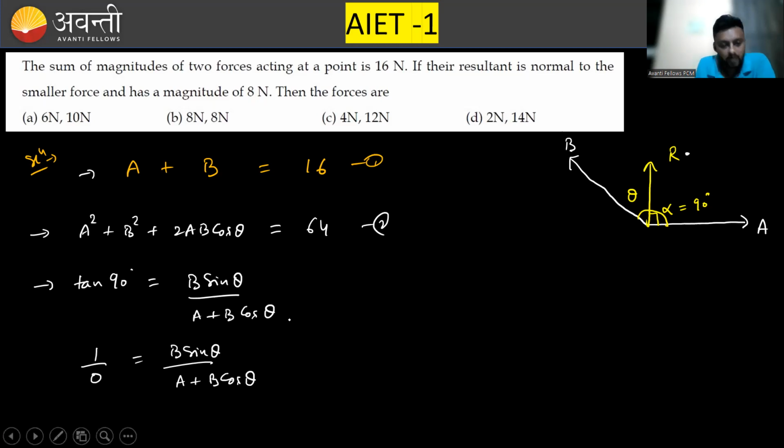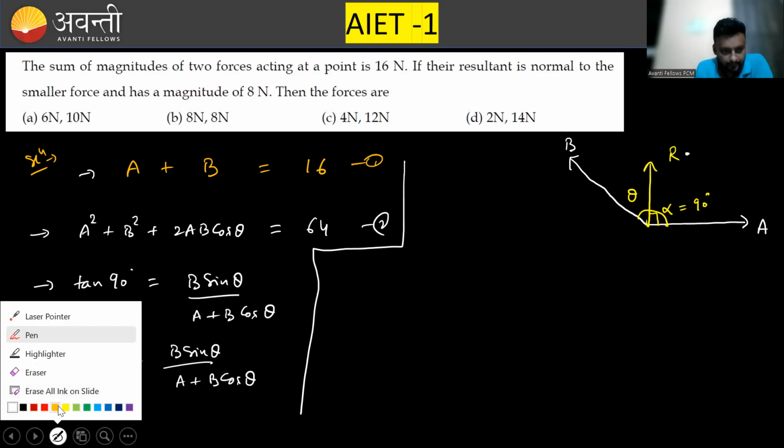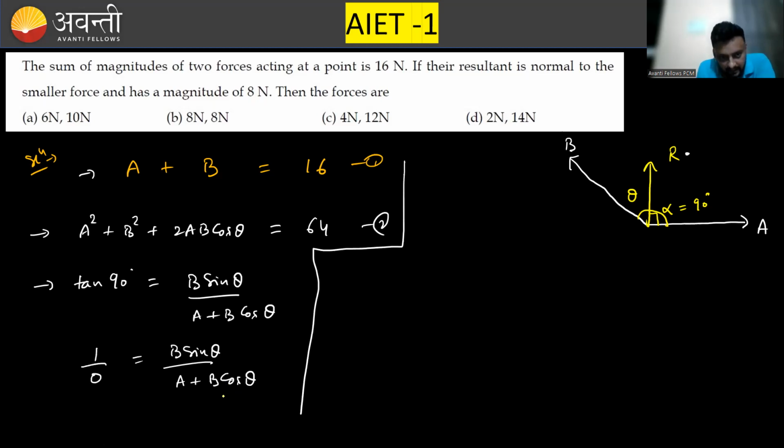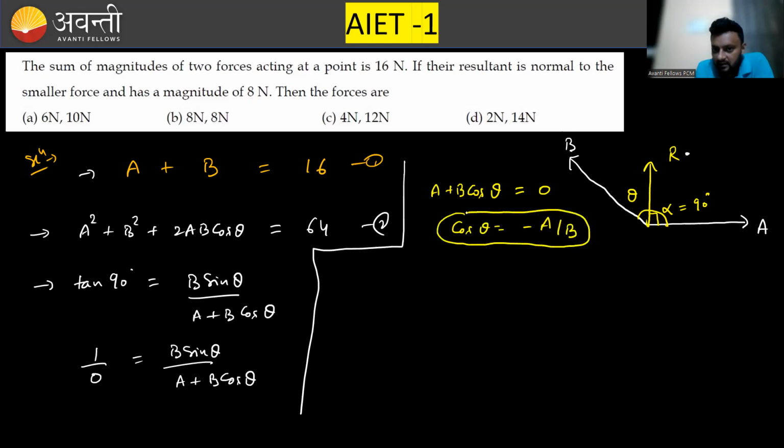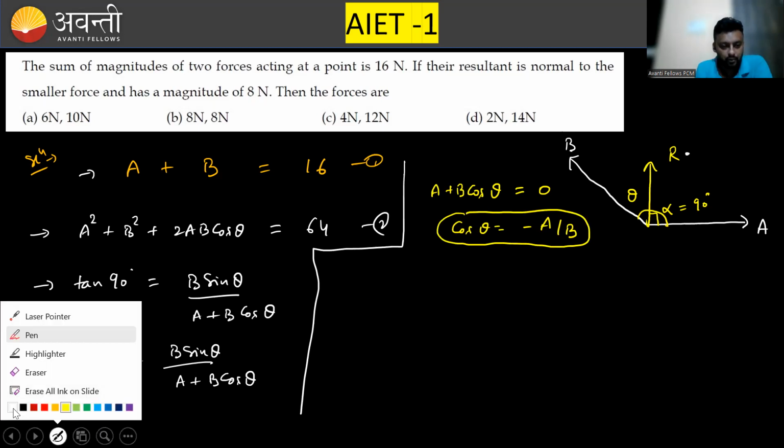Okay, done. So now you can cross multiply these things. And if I do it, you can see that A plus B cos theta will become 0. That means cos theta will become minus A by B. If you get cos theta, then put this cos theta in equation number 2.